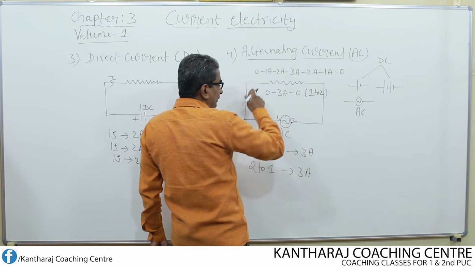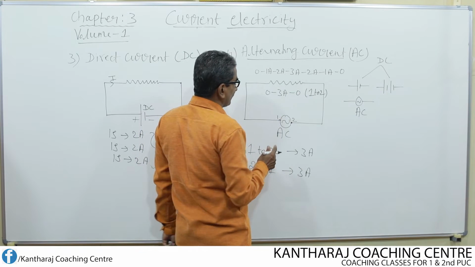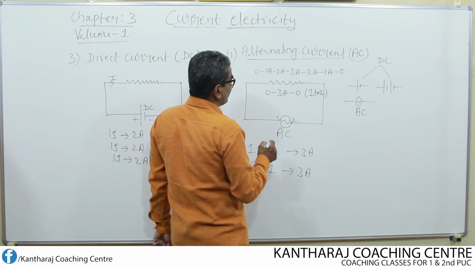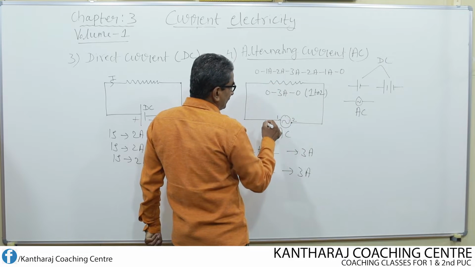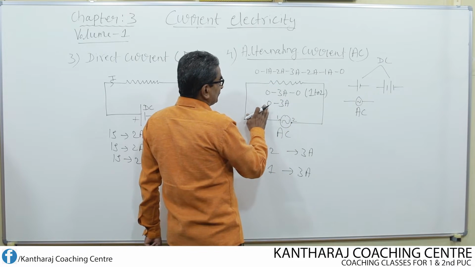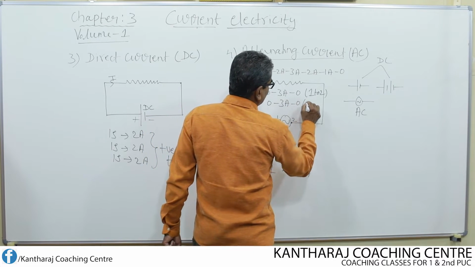Again, while flowing from terminal 2 to terminal 1, terminal meaning the ends of the wire or the two terminals of the AC source, the current flows in such a way that from 0 it becomes maximum, again from maximum it becomes 0.